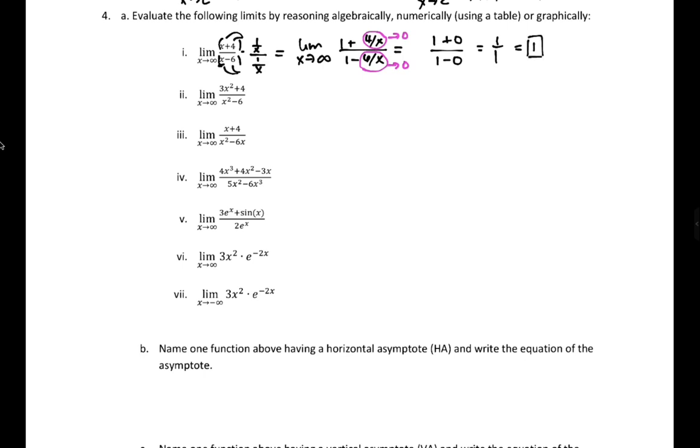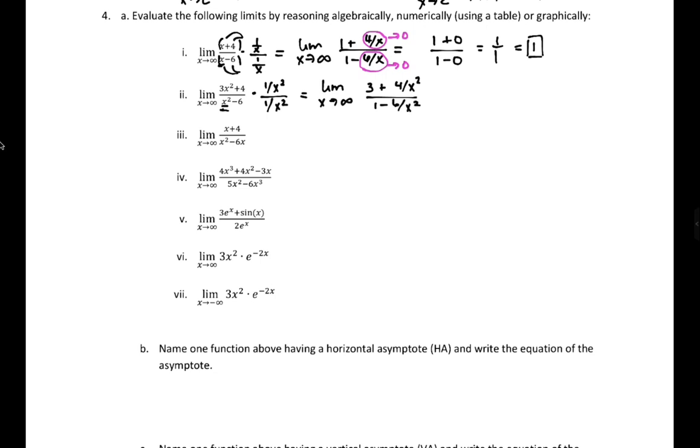For the second one, the highest power on the bottom is x squared, so I'm going to divide top and bottom by x squared. This is going to be equal to the limit as x approaches infinity of 3 plus 4 over x squared, all over 1 minus 6 over x squared.